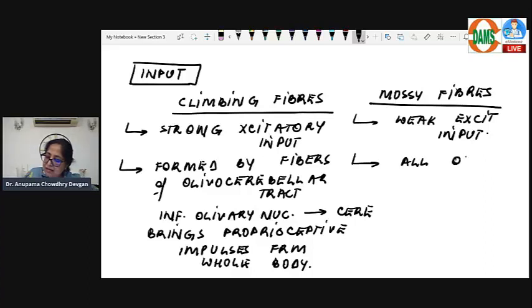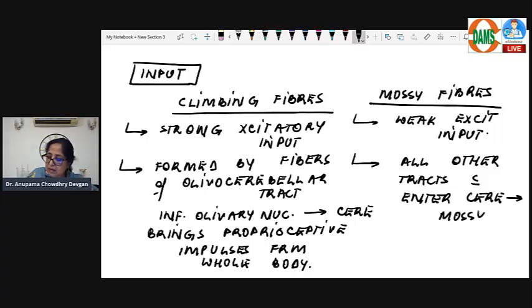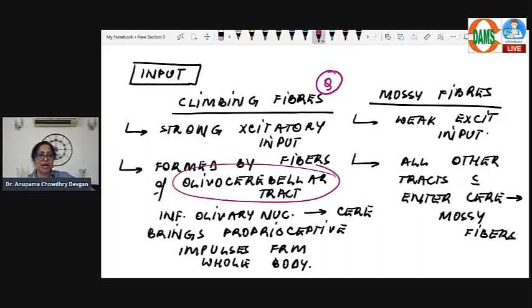All other sensory tracts, all other tracts which enter the cerebellum, form the mossy fibers. So a very, very easy question: climbing fibers are formed by fibers of which tract? Climbing fibers are formed by fibers of the olivocerebellar tract.